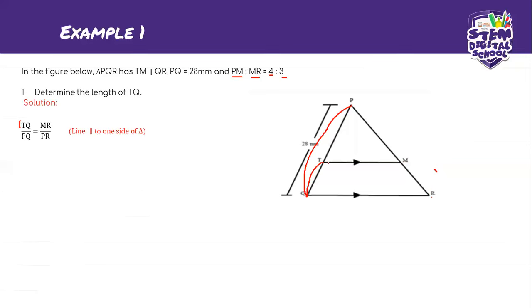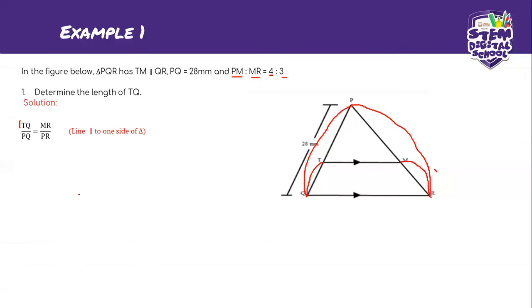So we have started with TQ, then we went to PQ, right? Then we're going to do the same. Now this side we're going to say MR. You can see here's MR. And then the next one is supposed to be PR, right?